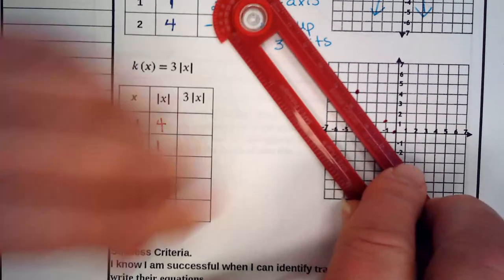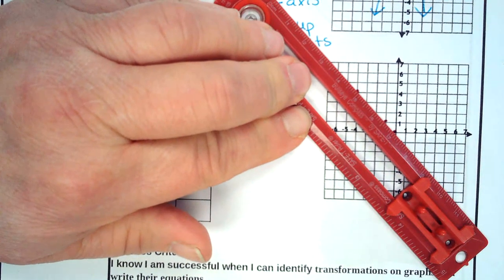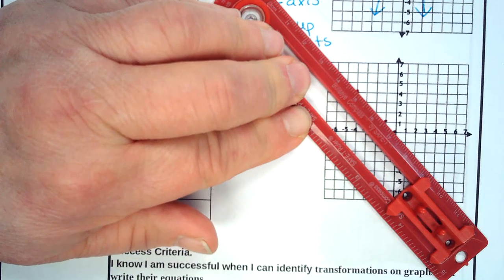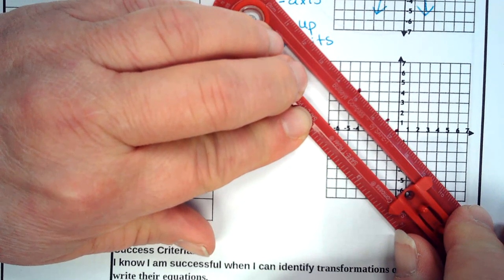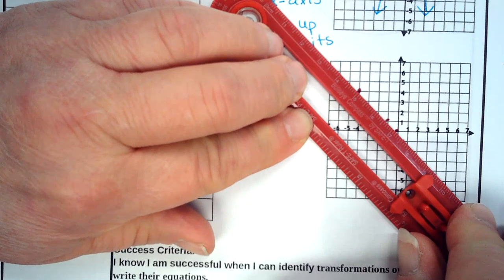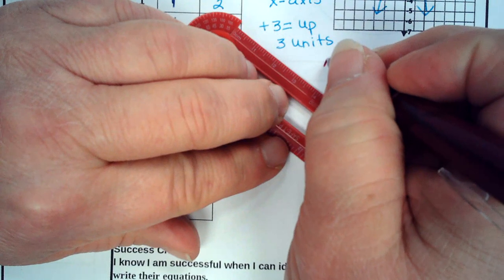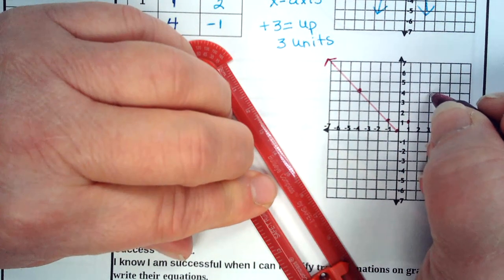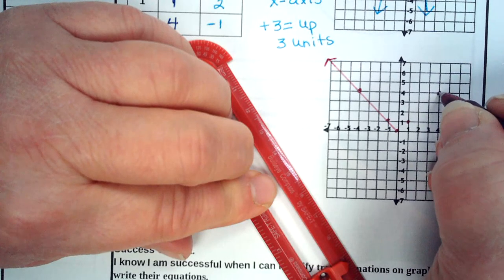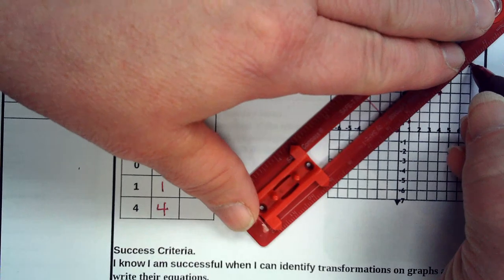That's the first half of my V. Make sure I get everything lined up so it goes right to the corner of those boxes. Same thing on the other side. 1, 1, 4, 4. Once again, it goes right through the corner of those boxes.